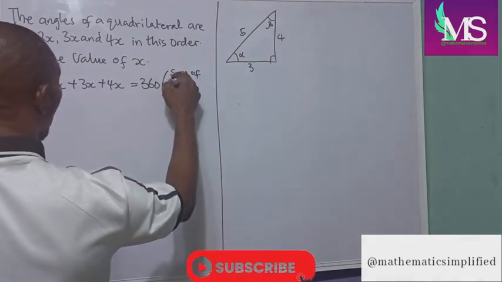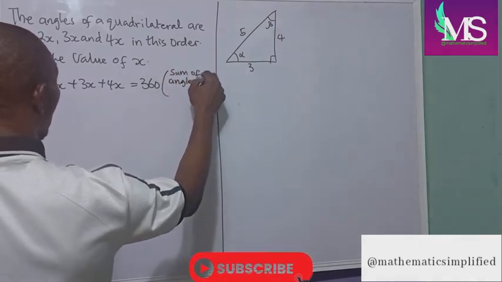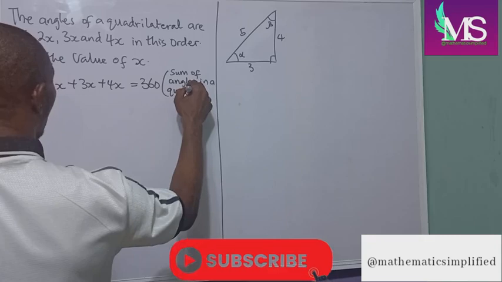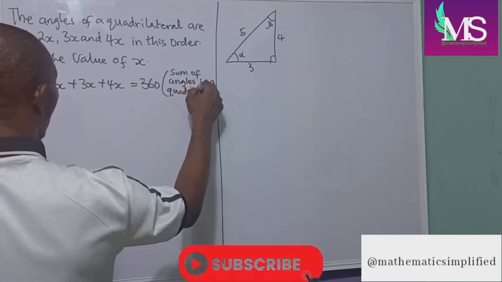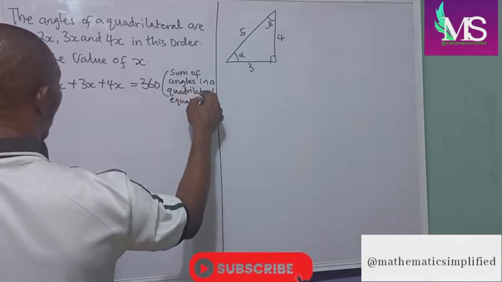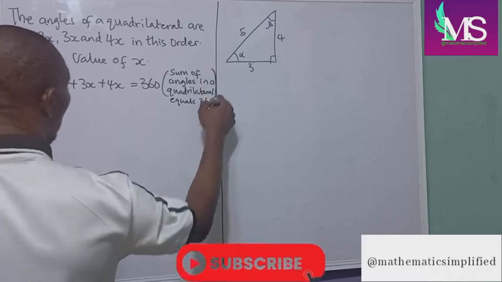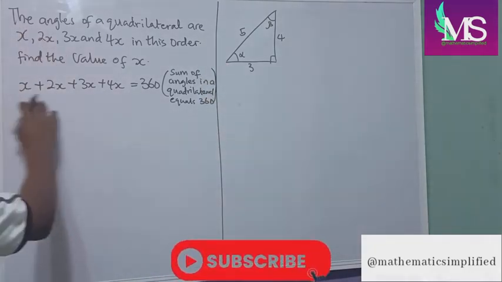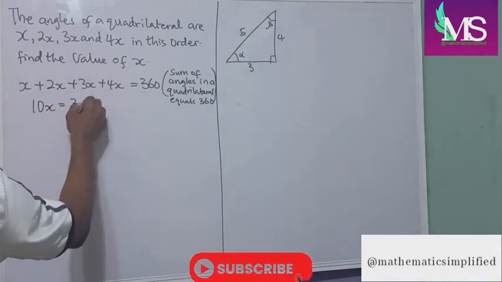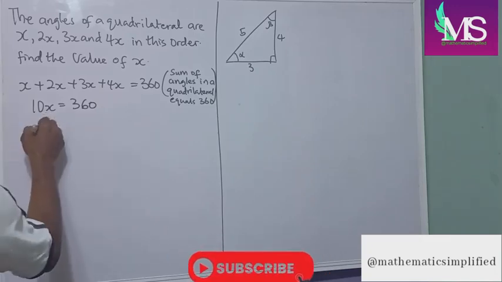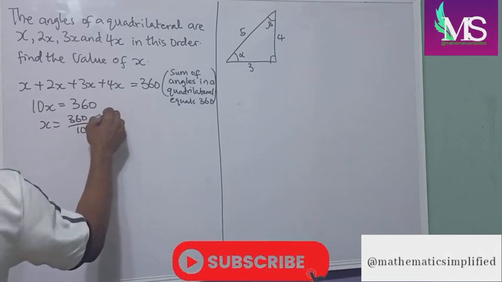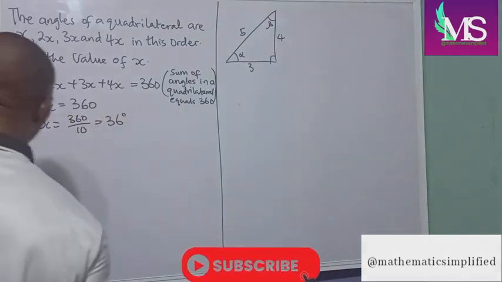Sum of angles in a quadrilateral equals 360. Now that's our reason for this. So if we add all this, it gives us 10x equals 360. So x equals 360 over 10, which will give us 36 degrees.